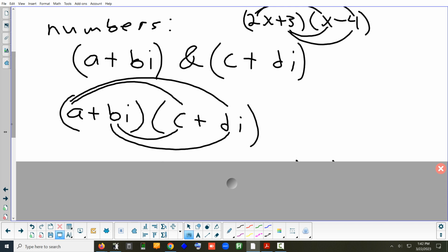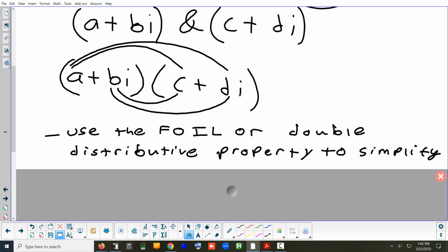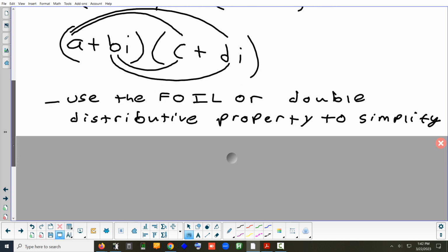You're doing four multiplications. The BI times the DI. That's what's going to give you the I squared. So anytime we deal with those last terms, we're going to have to deal with that I squared. Okay, so if you remember it as FOIL, first, outer, inner, last, you can think of it that way. Or it's really just the distributive property twice. That's what it is.